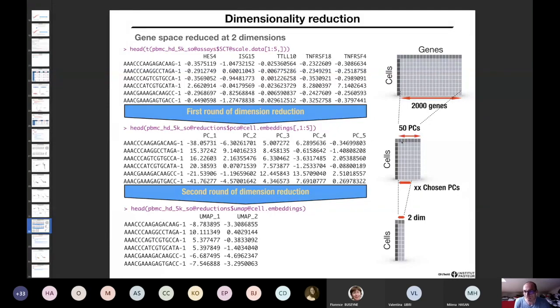Among these PCs we calculated, we select some of them that we think are informative, and we put them through the second round of dimension reduction. And here you end up with a table containing only two columns, which are the UMAP coordinates, so axis X and axis Y. And you can project your cells on this axis.